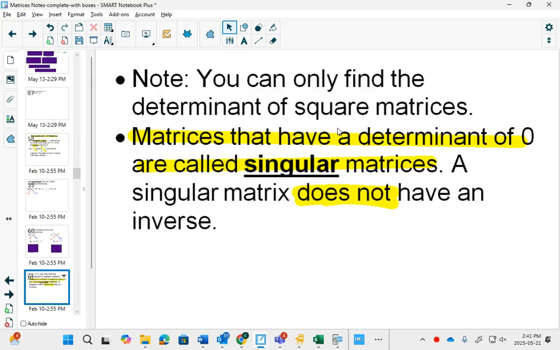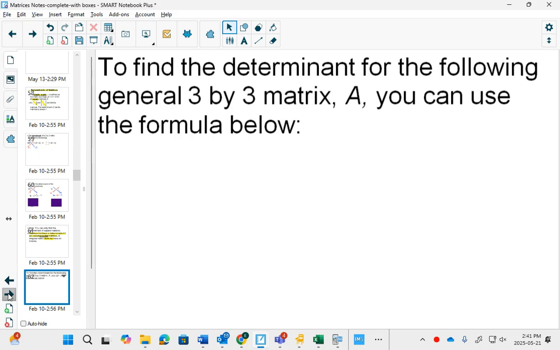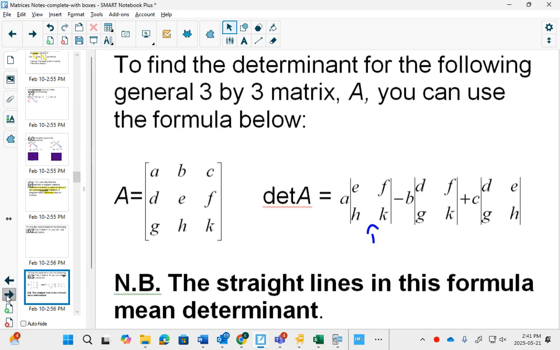You ready for a very not nice looking formula? Here's the formula for the 3 by 3 matrix. So, the determinant of a 3 by 3 matrix is you would first take A, and if you ignored everything in that column of A and B, you take A and multiply it by the determinant of what is left as a small one.